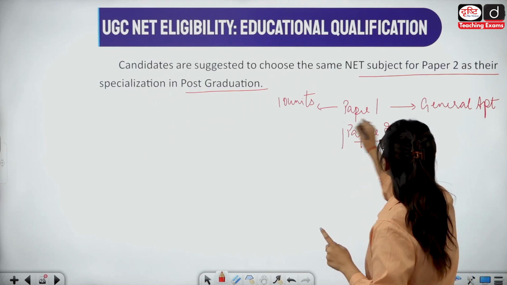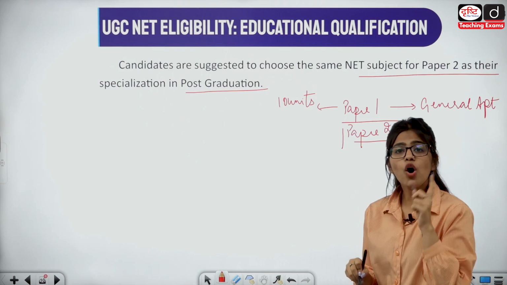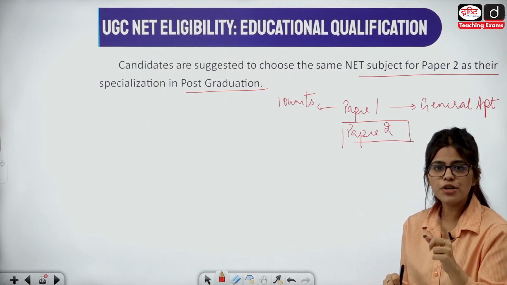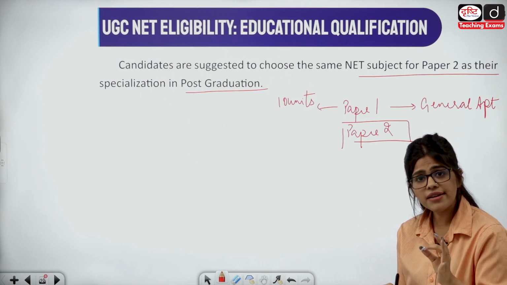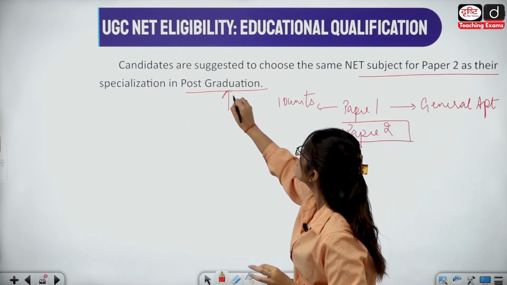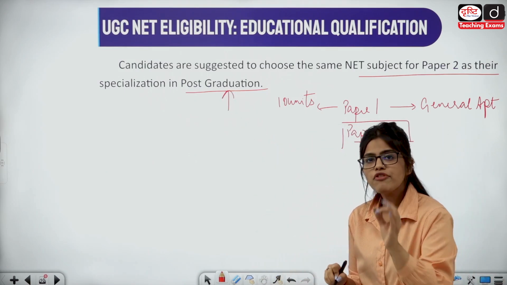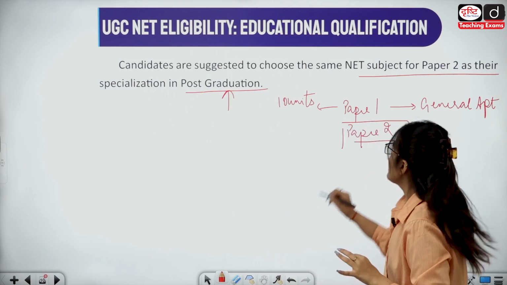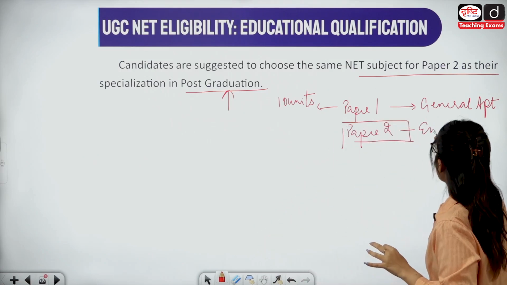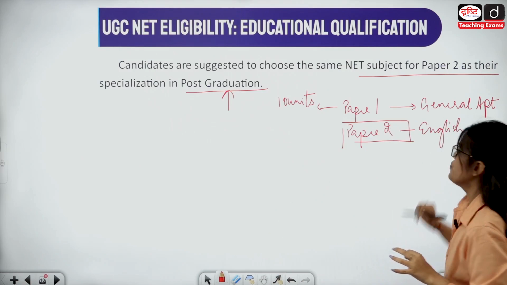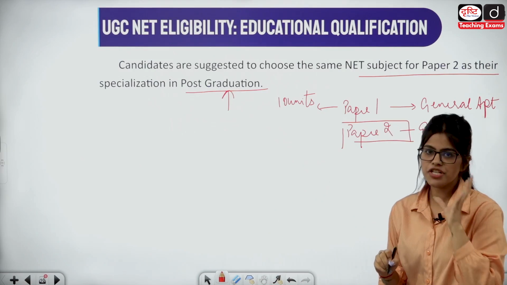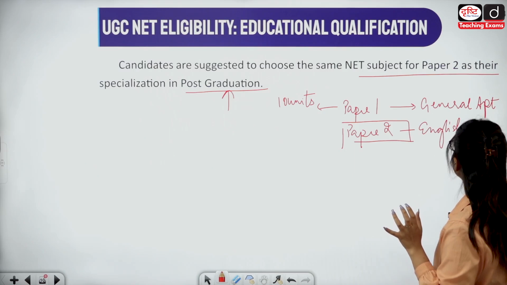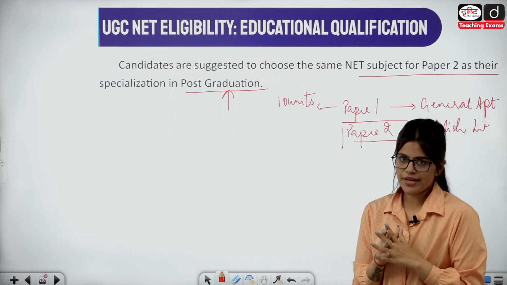But what about paper 2? The questions in paper 2 are always related to the subject in which you have done your post-graduation. So if you are from an English literature background, it is advisable to take English as your paper 2, and the questions would be asked from English literature only. It depends on what your subject is.